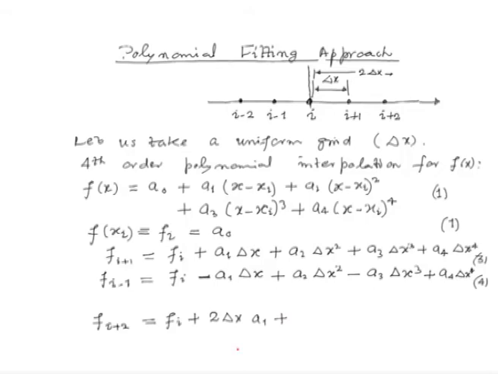Now, with 2 delta x as the x minus xi, the square term gives us 4 delta x squared times a2, plus 8 delta x cubed times a3, plus 16 delta x to the power 4 times a4. Let's call this equation 5.